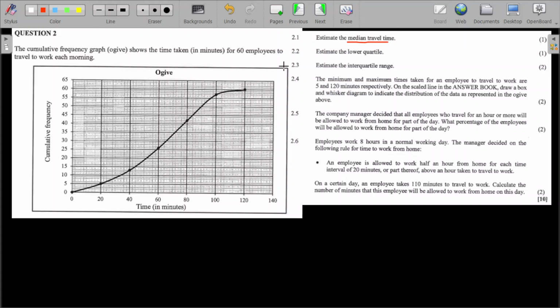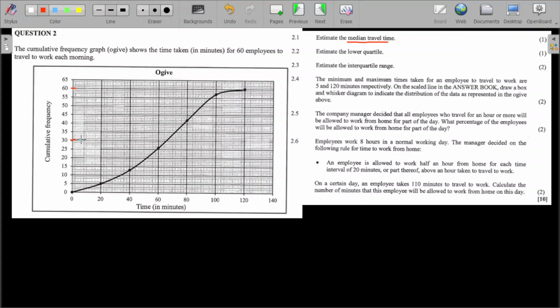Now again, what's the median? The median, we know, is the middle one. So from here I know I have 60 employees. You divide 60 by 2, the half of 60 is 30. So you come here to 30. Remember, we are looking for the travel time.